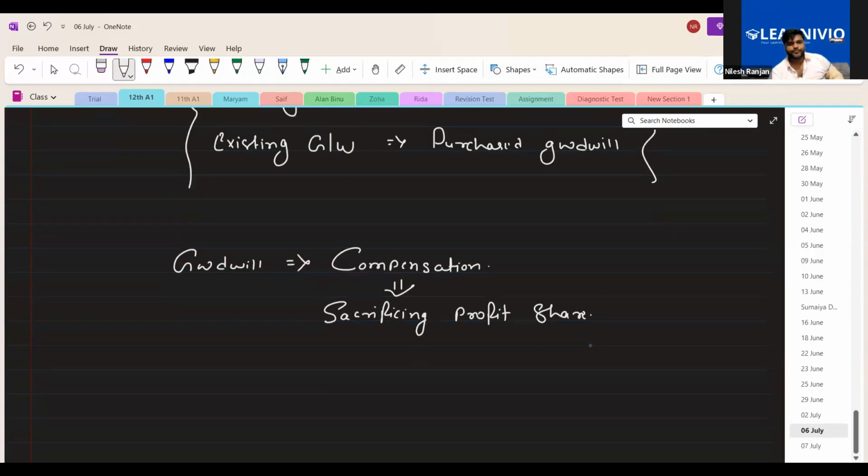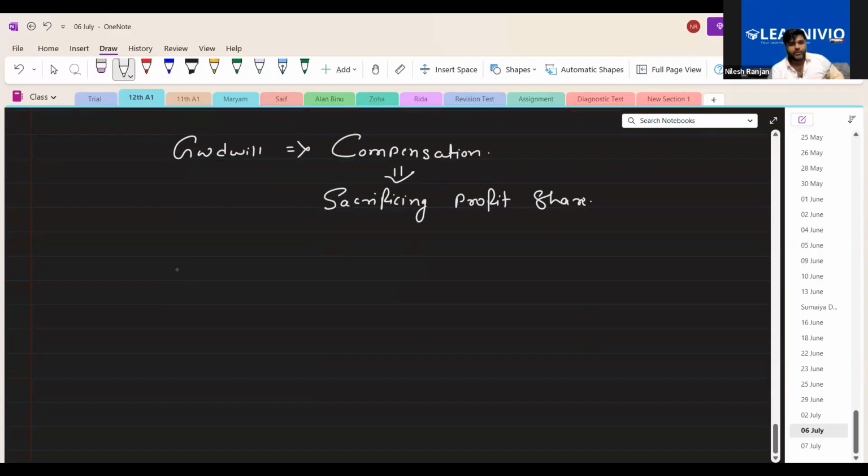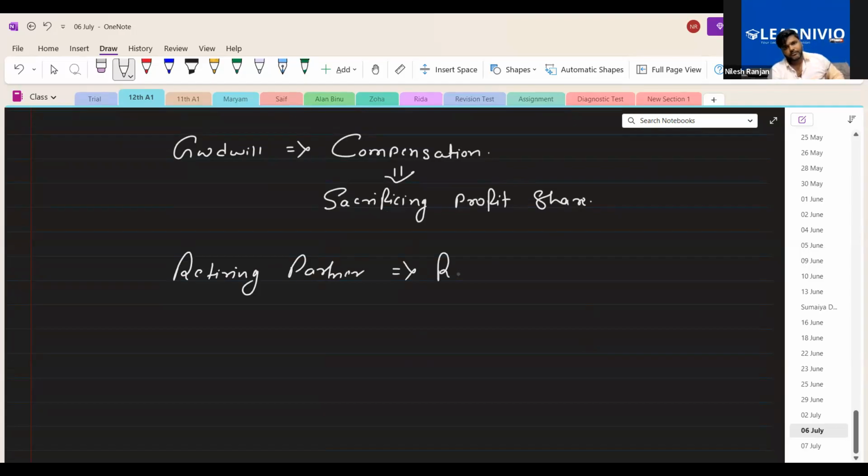So here, the retiring partner will receive the goodwill and the gaining or remaining partners will pay. Now, the gaining partners are paying, so they will pay in the gaining ratio.